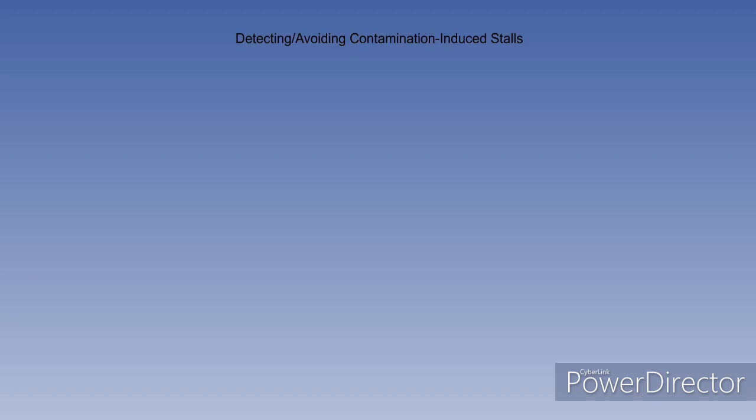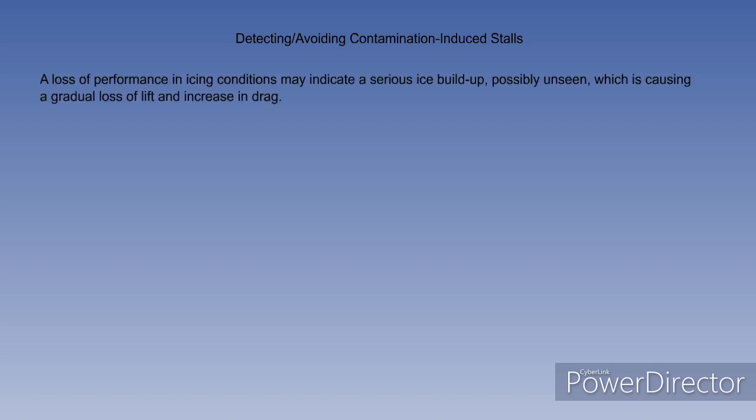The following advice may help you to recognize and avoid these gradual stalls, or recover from one if it does occur. First, a loss of performance in icing conditions may indicate a serious ice buildup, possibly unseen, which is causing a gradual loss of lift and increase in drag.